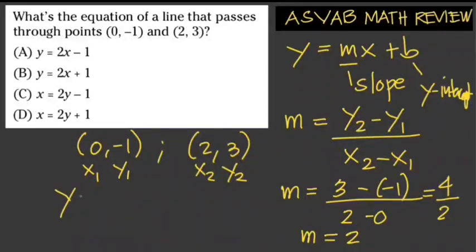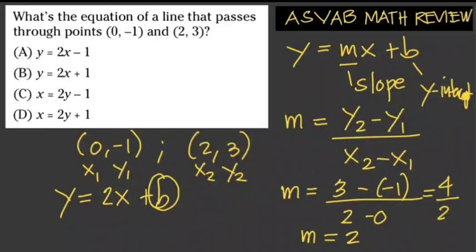Now we can write our equation as y equals 2x plus b, because the value of our slope is 2. Now, to complete the equation of the line, we need to solve for our b, the y-intercept. To do that, we can choose any of the 2 points given.